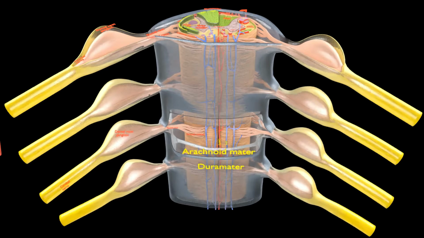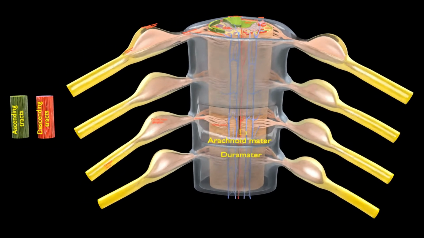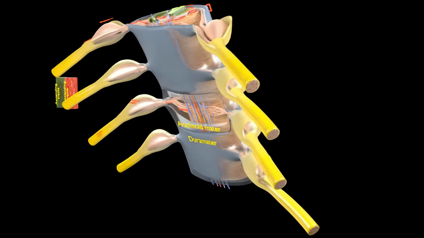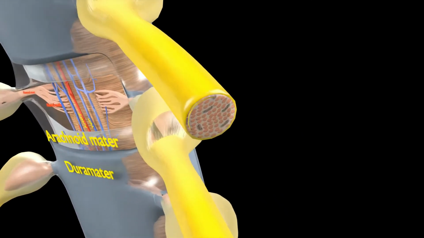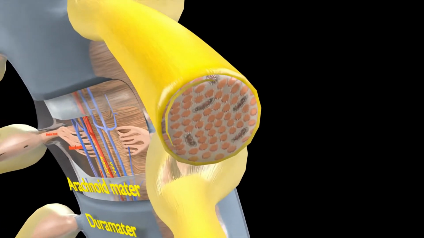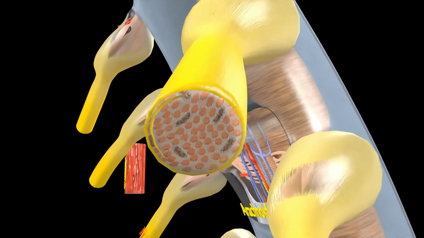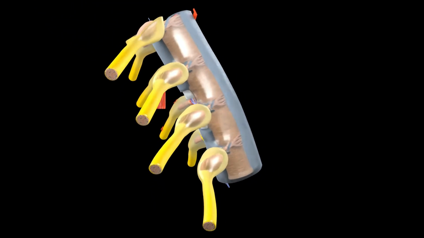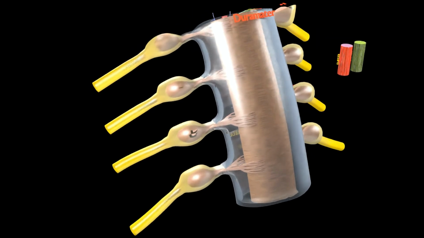Second, the long descending nerve fibers originating from cerebral cortex and various brainstem nuclei to synapse within the different Rexed layers in the spinal cord gray matter. And lastly, the shorter nerve fibers interconnecting various spinal cord levels, such as the fibers responsible for coordination of flexor reflexes.